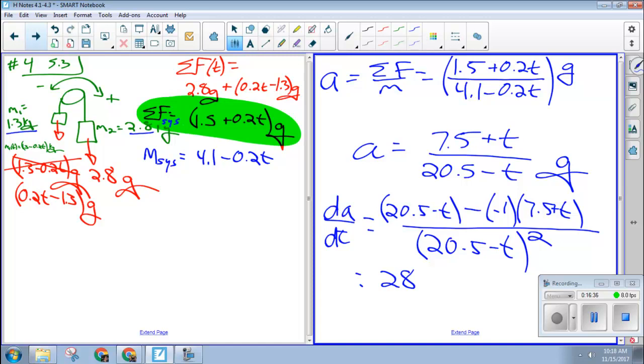Oh, yeah, the t's cancel. Sorry. Over (20.5 minus t) squared. Oh, I forgot the g. My bad. I am doing a rotten job of keeping track of stuff. Okay, everybody good up to there?